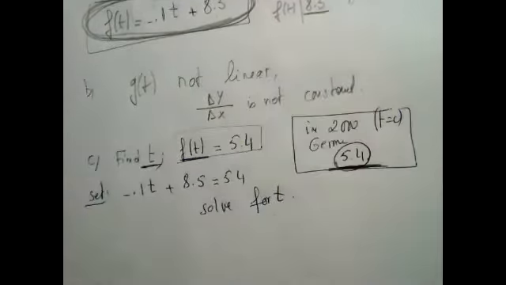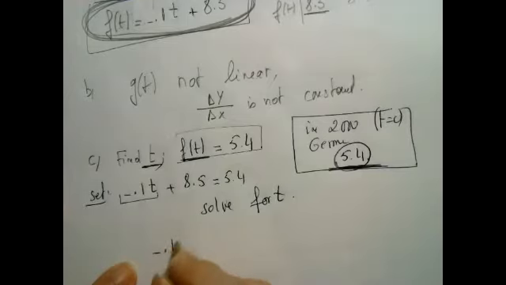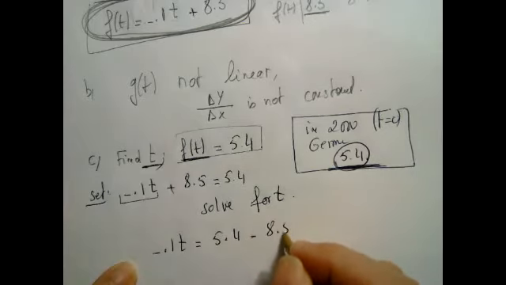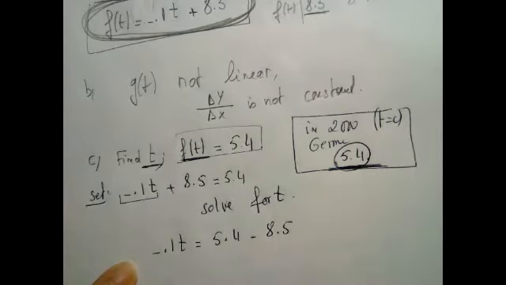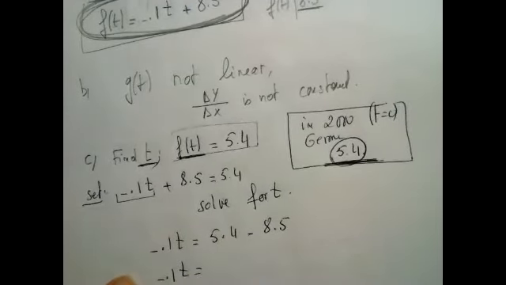Now the question becomes simple. So what do I want to solve? Minus 0.1t is 5.4 minus 8.5. So this is going to give me minus 0.1t equal to... all right, now we do a little bit of math. 5.4 minus 8.5 gives me minus 3.1.